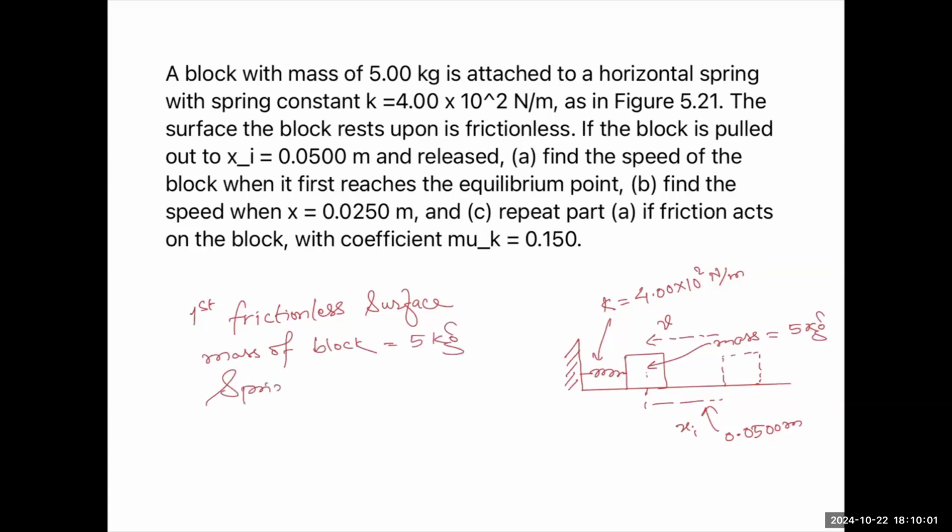Spring constant equals 4.00 times 10 to the power 2 Newton per meter. Okay, so that's my spring constant. And then we want to find the velocity, right? And the displacement, I can say displacement, all right?